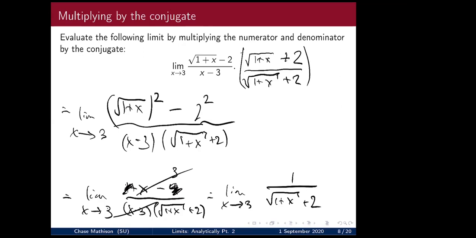And it would work the exact same way, but we sort of already did that work, and now we just plug in x equals 3, because when I plug in x equals 3, nothing bad happens, right? I just get the answer. So when I do that, I'll get 1 over square root of 1 plus 3. Well, that's the 1 over 2, and then I have plus another 2, so I get 1 over 2 plus 2, which is 4.